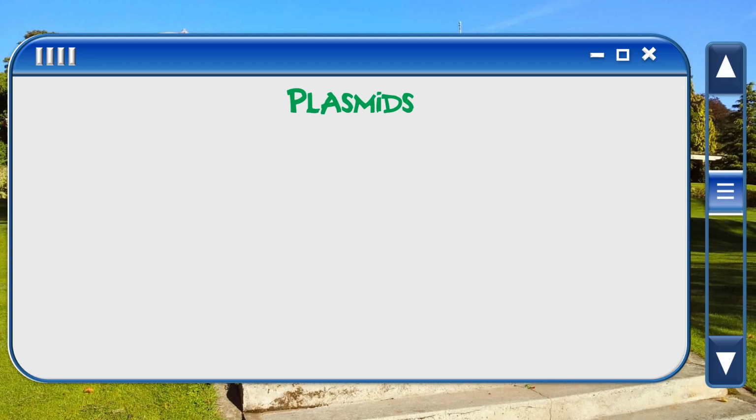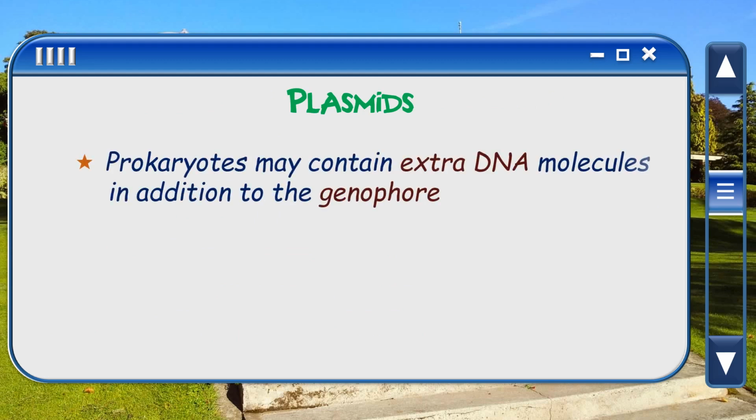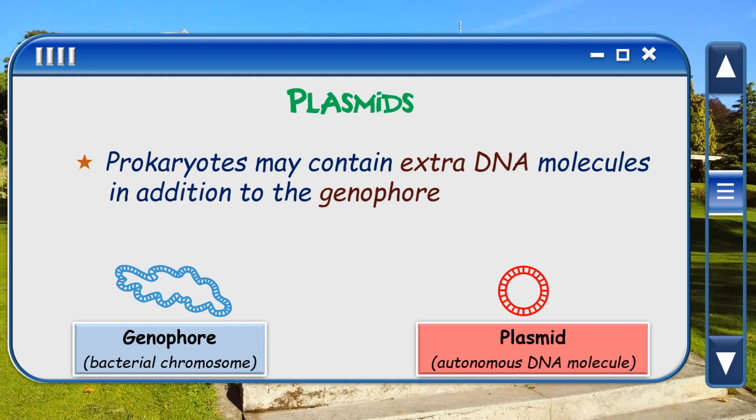Let's look at the plasmids. Prokaryotes may contain an extra DNA. We have seen that they contain a single circular DNA, but they may also contain an extra DNA molecule in addition to the gonophore. The gonophore is the major DNA molecule of prokaryotes, which is circular.